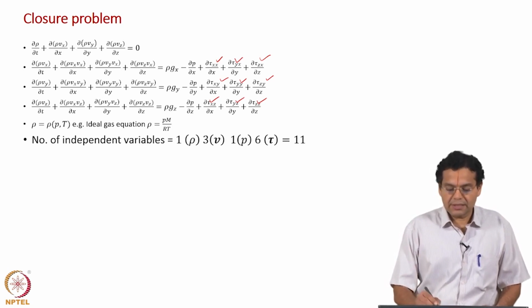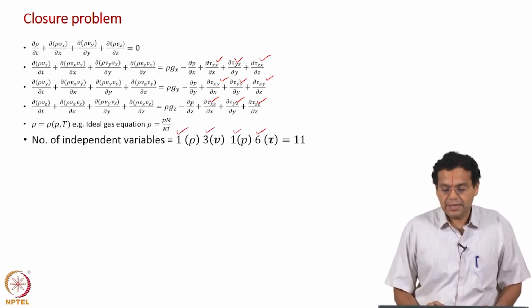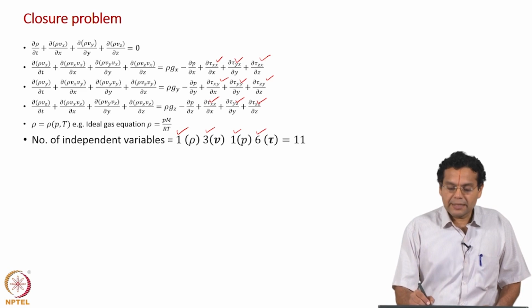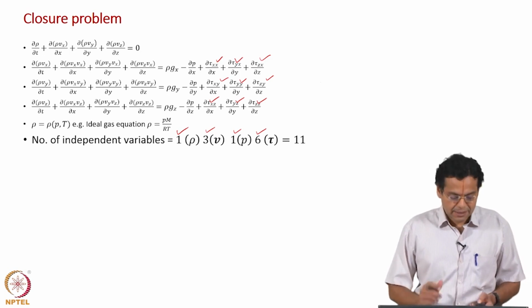So totally we have 1 plus 3 plus 1 plus 6, 11 independent variables: density, 3 components of velocity, pressure, and only 6 components of the viscous stress tensor, because of the 3 diagonal elements and of the 6 off diagonal, only 3 contribute because they are equal to each other.